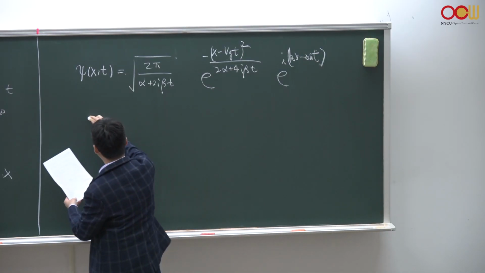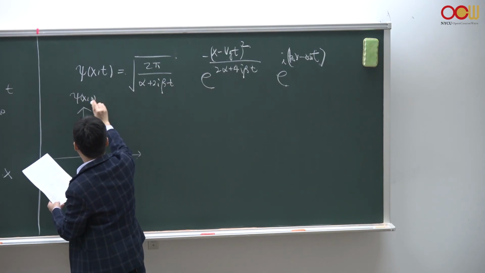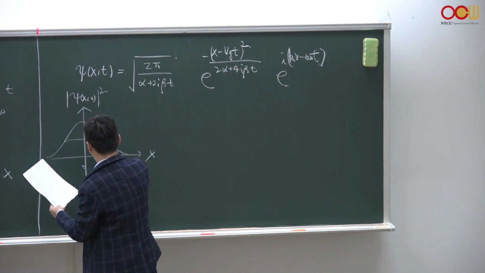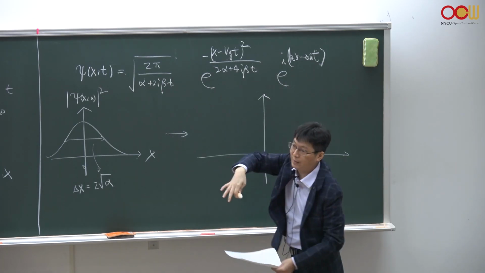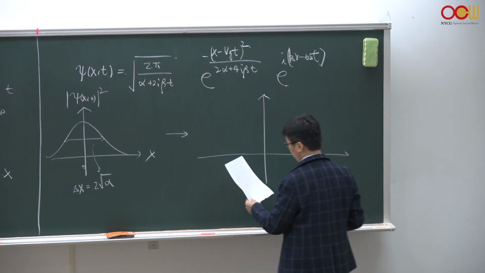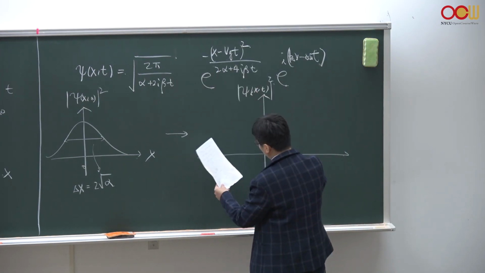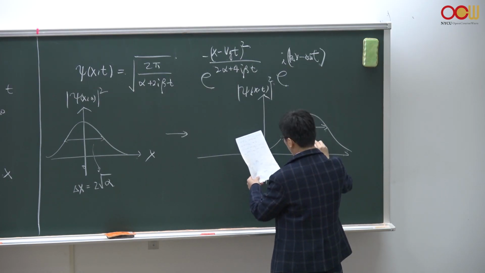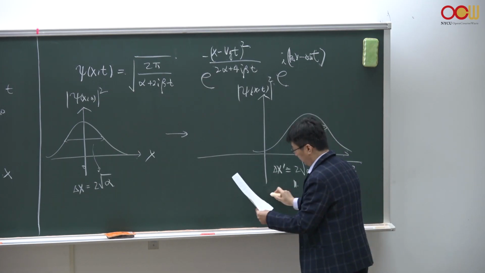If you compare the width of the peak by plotting the square magnitude of the initial wave function at time 0, you get a width, which is this. And at later time, as the wave packet moves to the right, the width also becomes larger, and the distribution of this wave packet at later time shows a slightly wider width, which is given by this. And this is called the spreading of the wave packet.